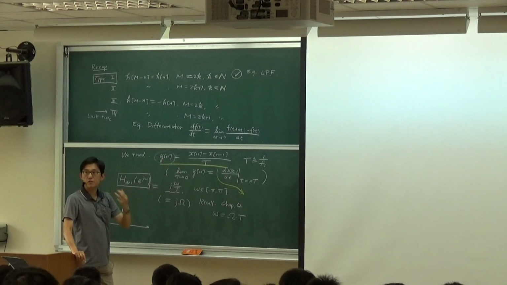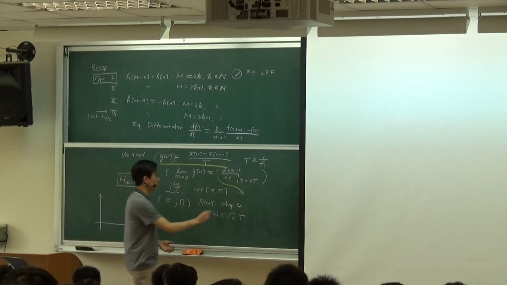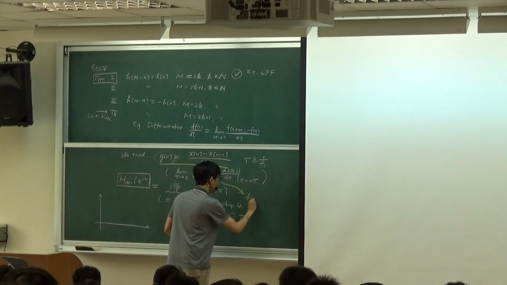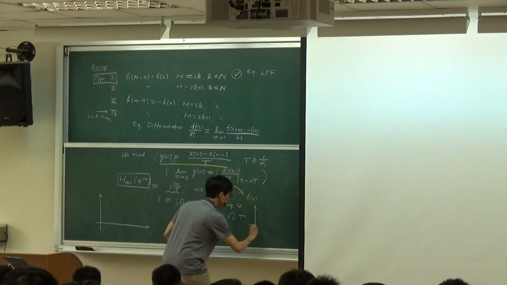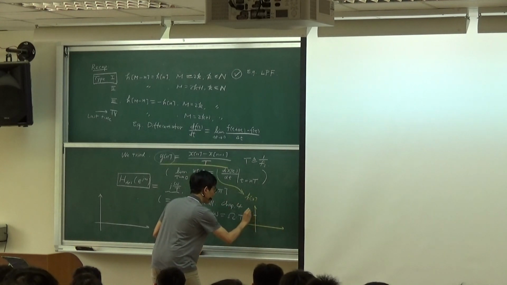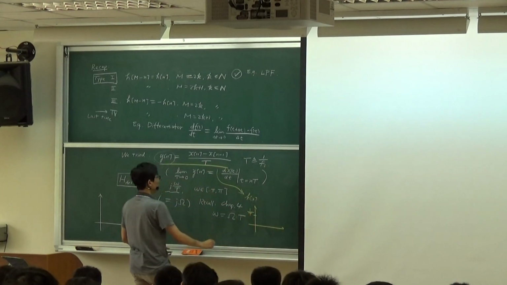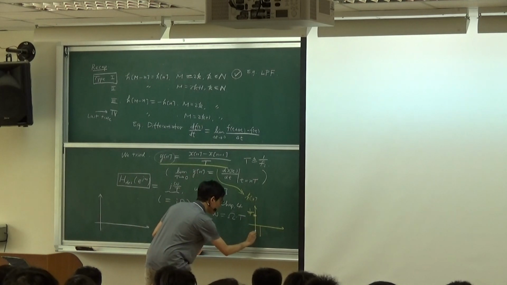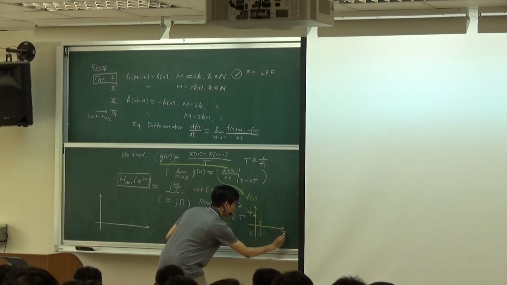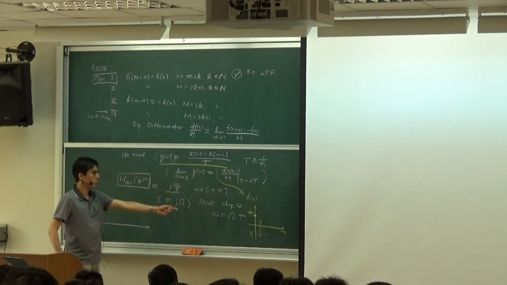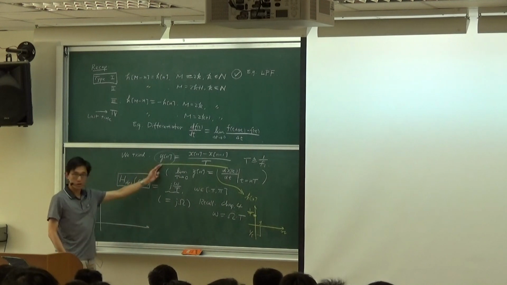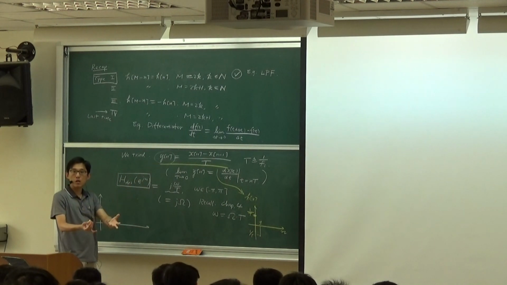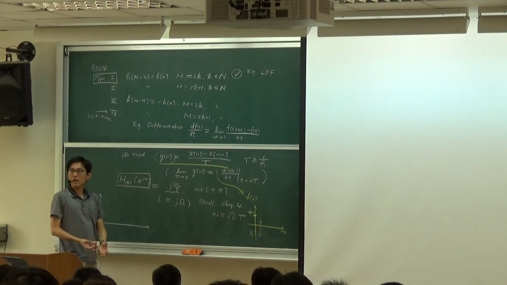This equation specifies an impulse response, and that impulse response is h of n equals plus 1 divided by T for time 0 and minus 1 divided by T for time 1. So that's the impulse response specified by this equation. It defines the FIR filter.